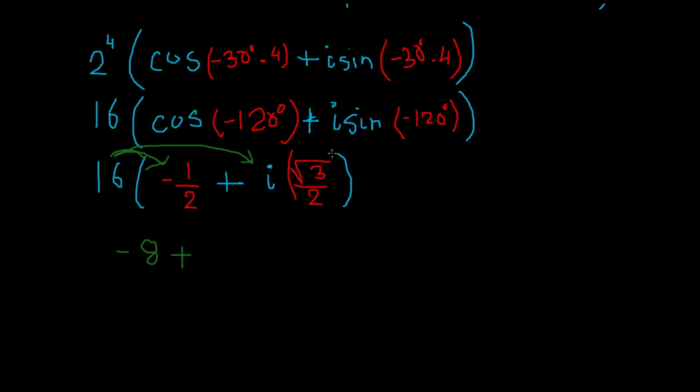This should be a negative, it's not positive. So 16 times negative radical 3 over 2. This cancels out, and this becomes 8. So it's just minus 8 radical 3. And we know negative times positive is negative.